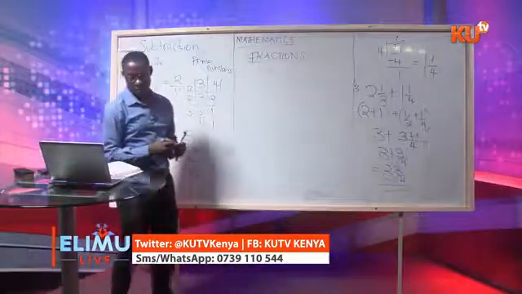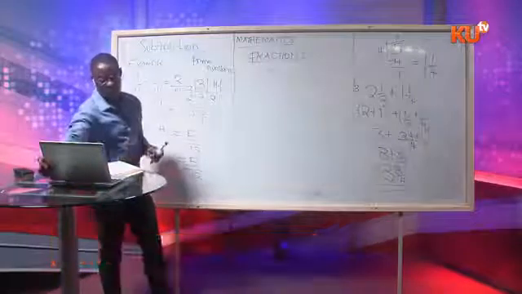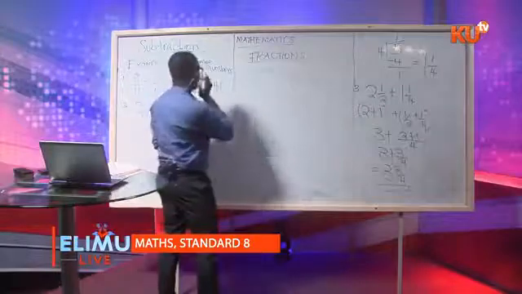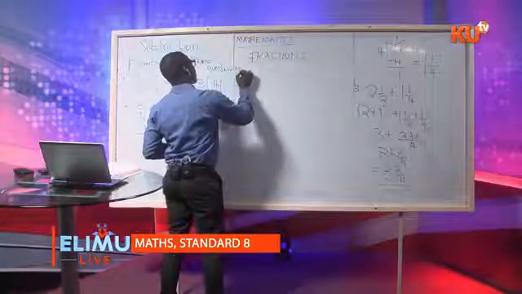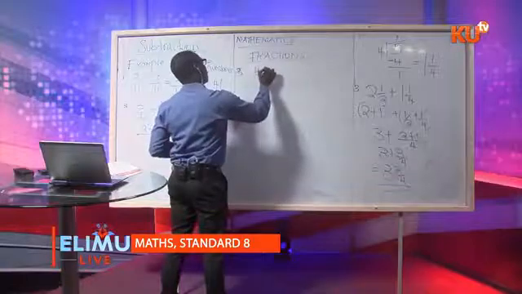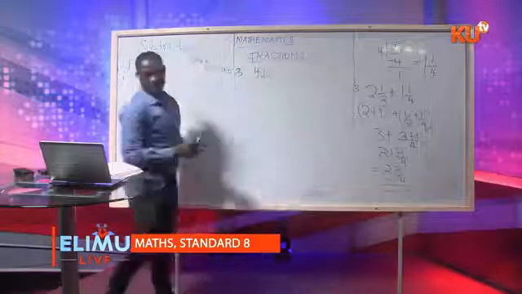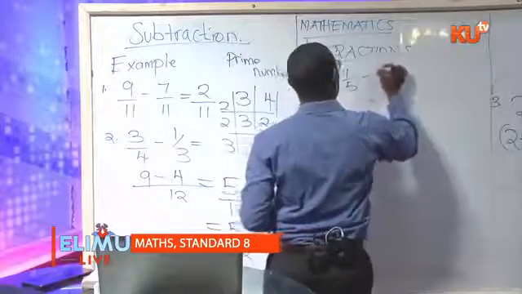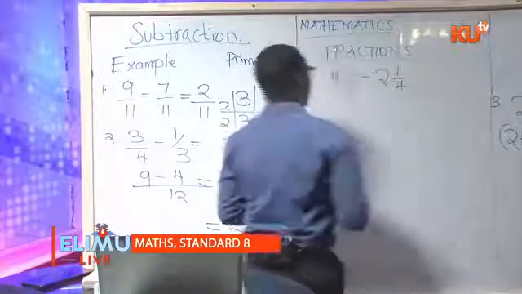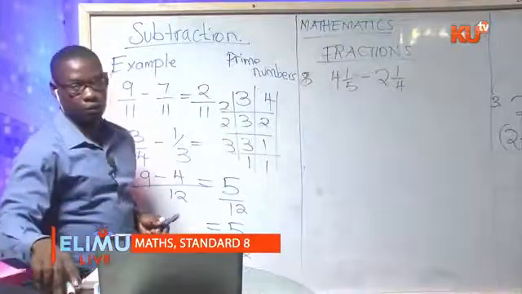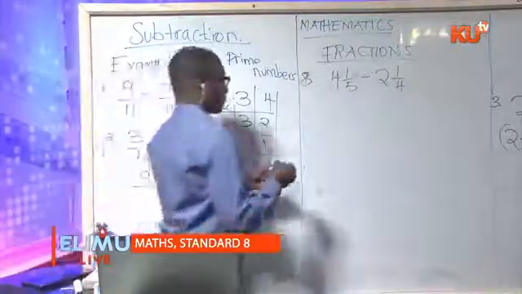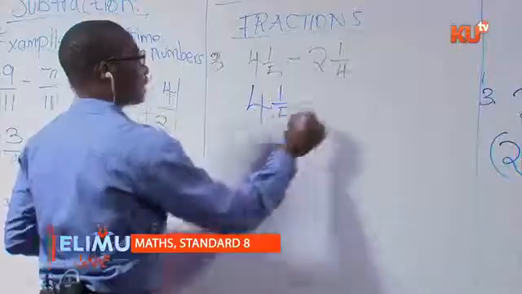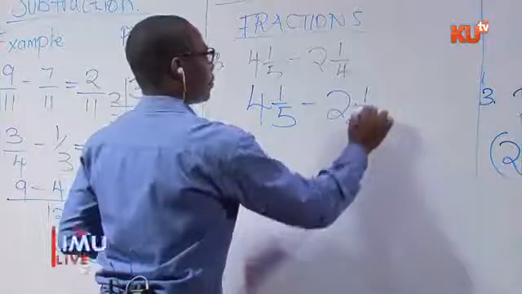The first example that I'm giving is here, example 3: 4 1/5, take away 2 1/4.